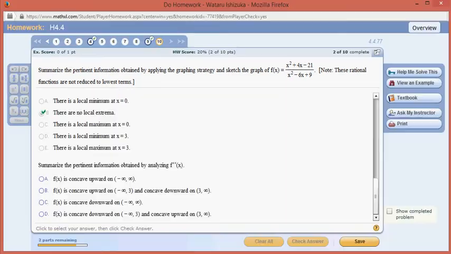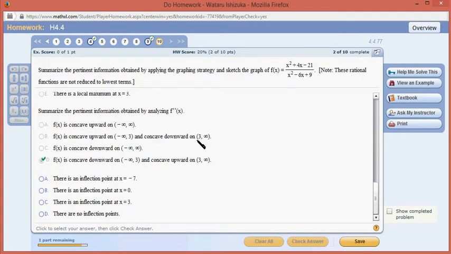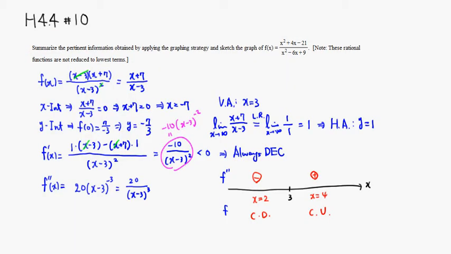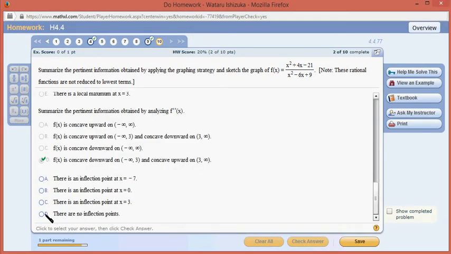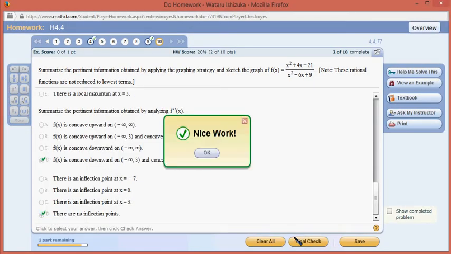So concave down on negative infinity to 3 and concave up after. We got that. For the inflection point, is there one? It changes concavity at 3, but 3 is unfortunately not included in the domain. So there is no inflection point.